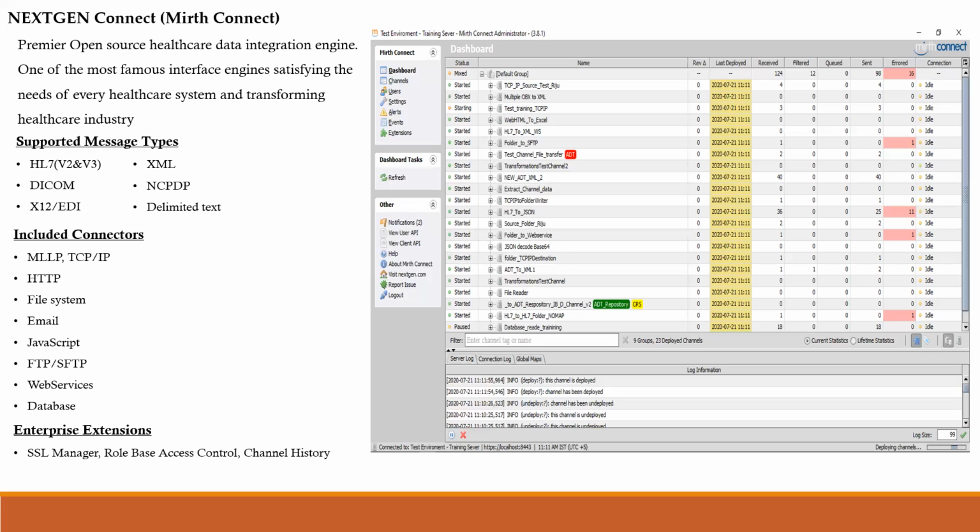Another thing is that the data you are transacting between your system and the destination system will not be encrypted. So that's a problem, right? To satisfy that purpose, there needs to be an SSL manager which can bind your REST services or web services. Another feature is role-based access control.